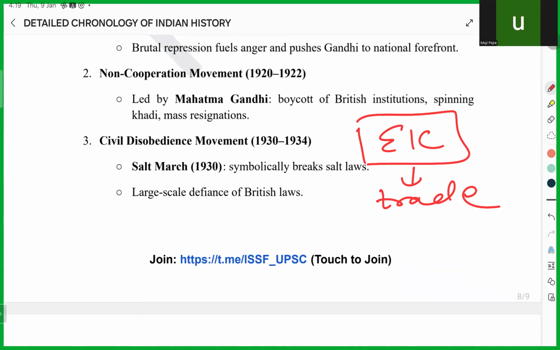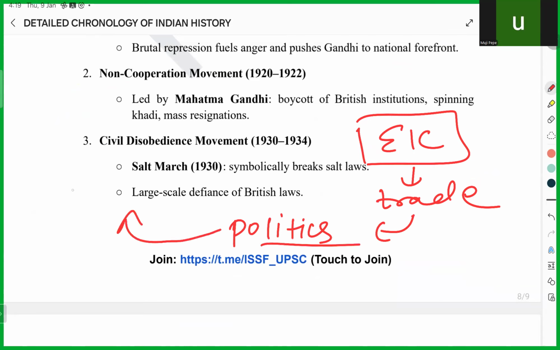When they came, there was chaos. And when the traders saw that there is so much chaos, they started to dabble into politics. And once they were successful there, they controlled Indian territories as the rulers. So India was effectively run by a private corporation called the East India Company till 1857.